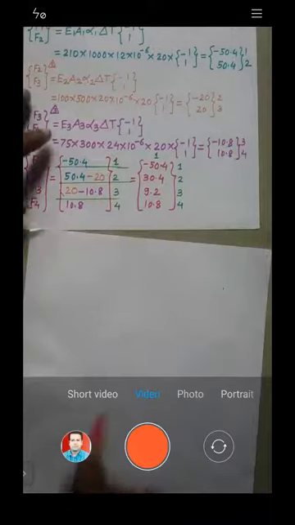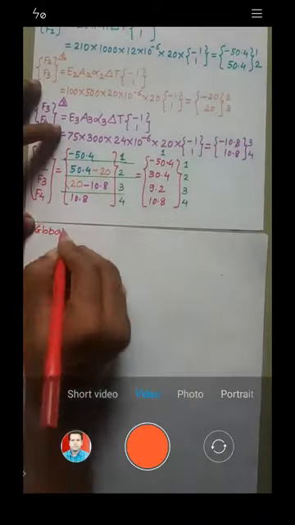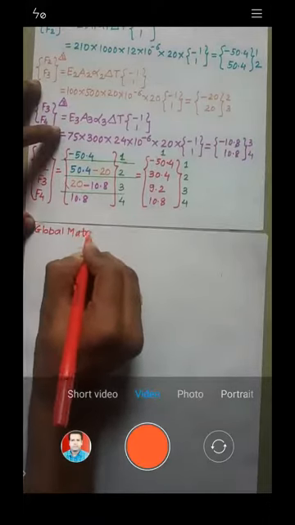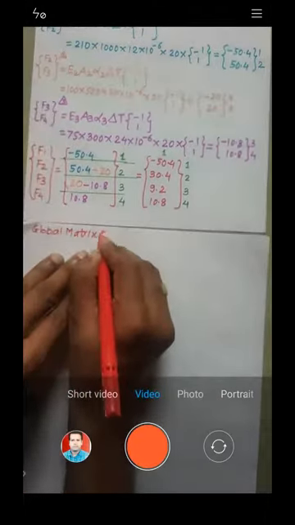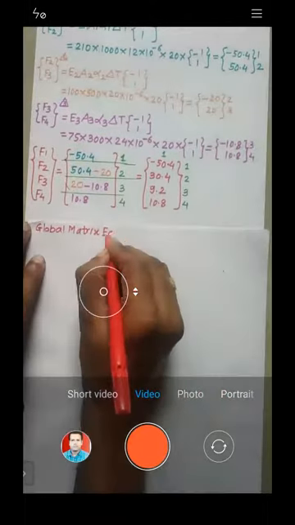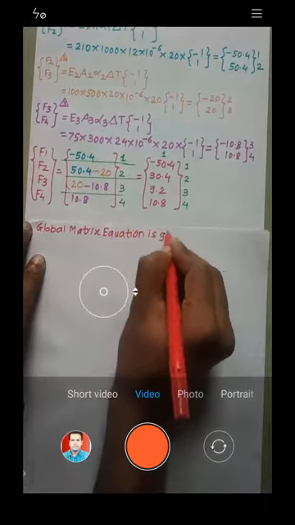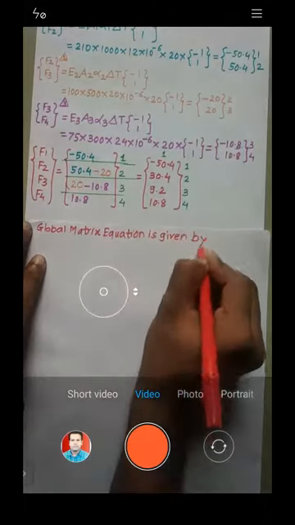Global matrix equation. Global matrix equation is given by, what is your global matrix equation?